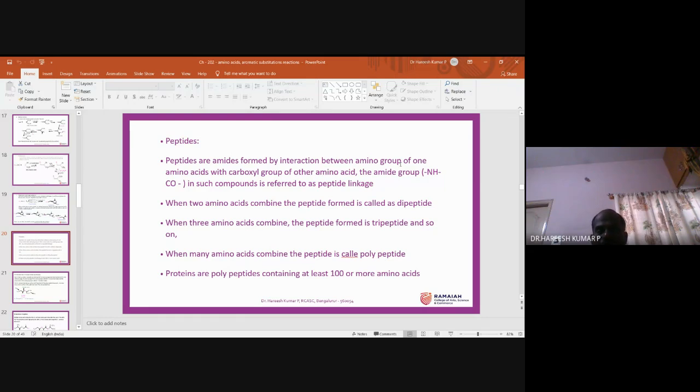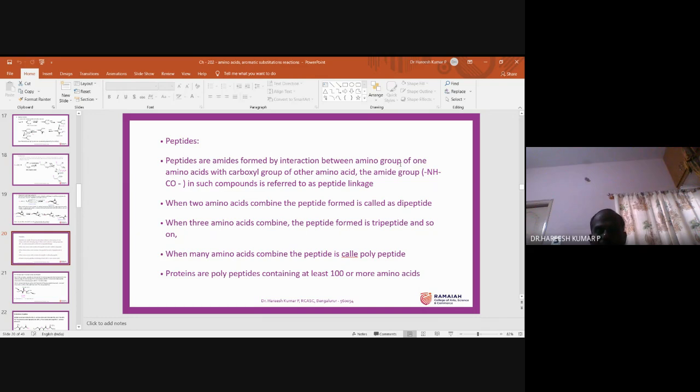If we take something other than amino acids, then that bond is called an amide bond. If we are taking amino acids, then the formed bond is called a peptide bond, and the NHCO linkage is called a peptide linkage.